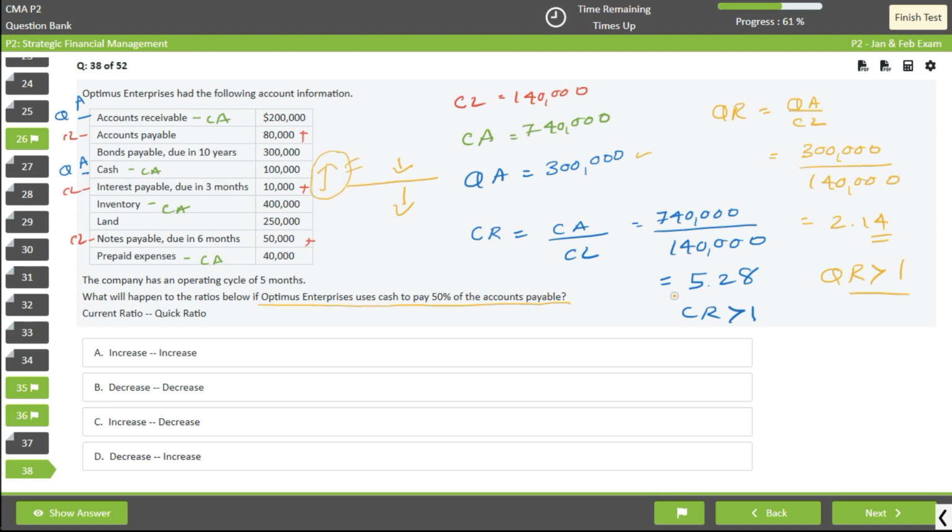So the current ratio is greater than 1 and the quick ratio is greater than 1, so both ratios will increase, because there is an equal decrease in the numerator and the denominator. That's why the ratio is going to increase.